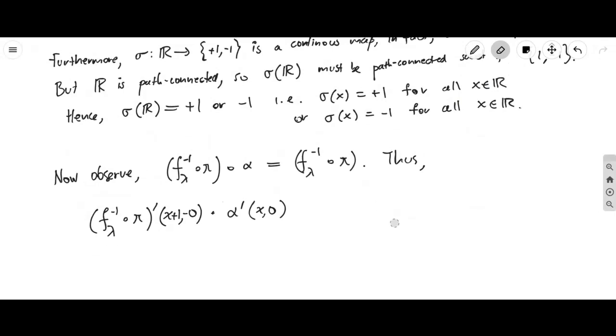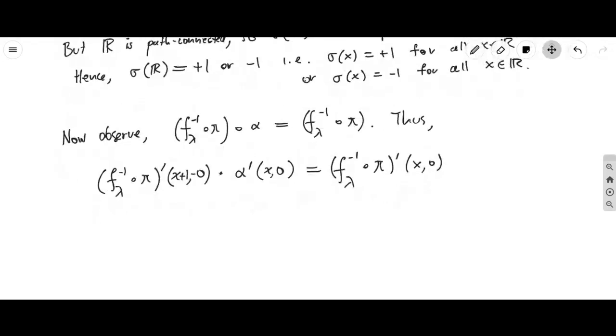So we have this relationship, and we're evaluating this at that point, and that's equal to f lambda inverse, and we have a derivative at x comma 0.